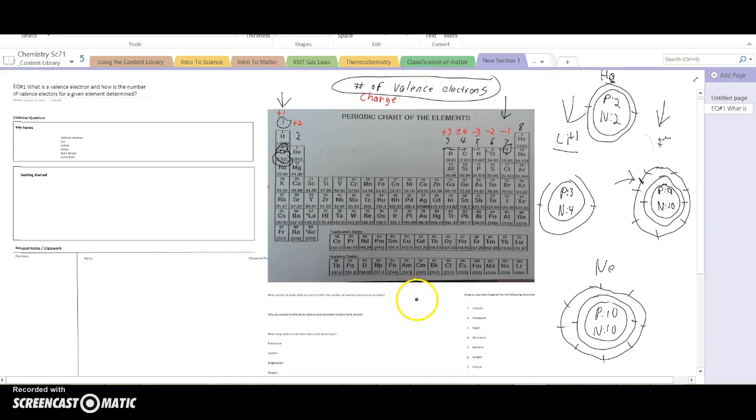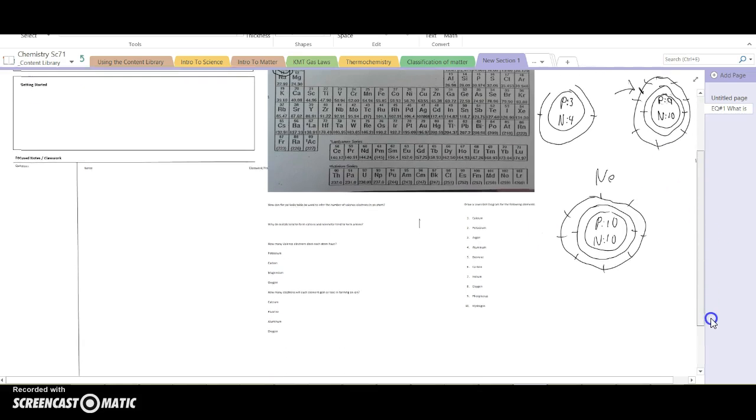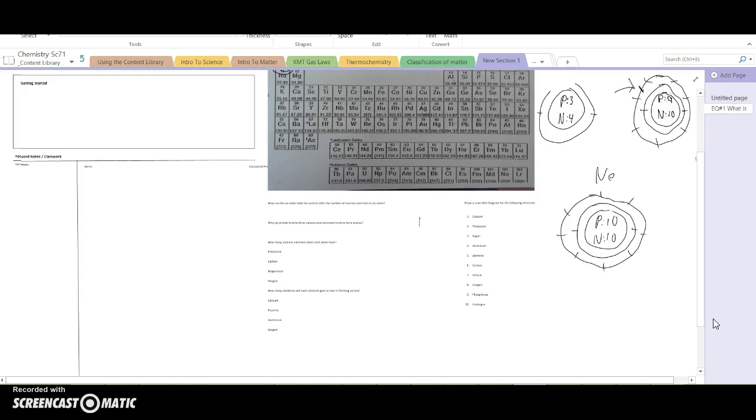If we scroll down here a little bit, that's what we see happening down here. So if we look at, say, calcium, it has a positive 2 charge, so it is going to lose 2 electrons.